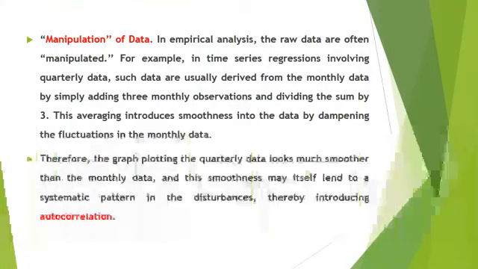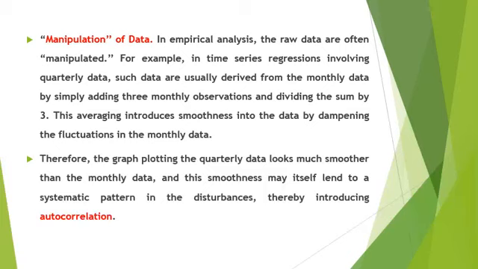While doing empirical analysis, we often manipulate the raw data. That kind of manipulation becomes a reason for the problem of autocorrelation. For example, in a time series regression involving average monthly production in a quarter, such data are usually derived from the monthly data by simple arithmetic average, that is, simply adding 3 monthly observations and dividing the sum by 3.